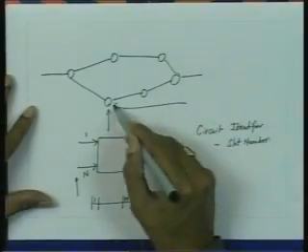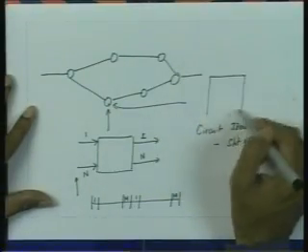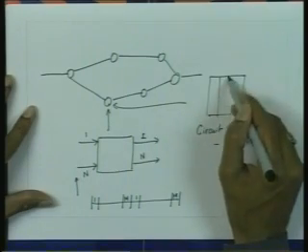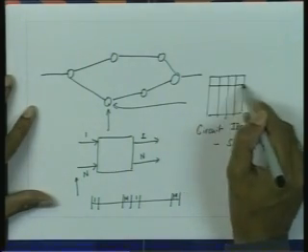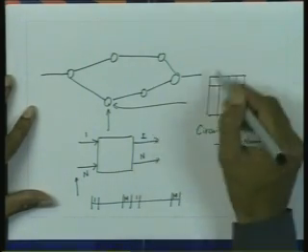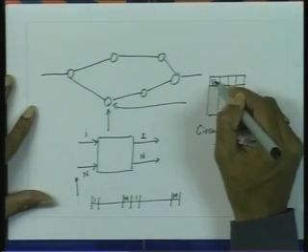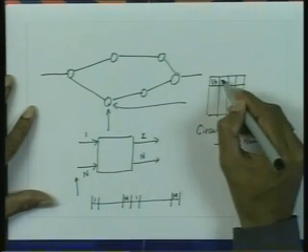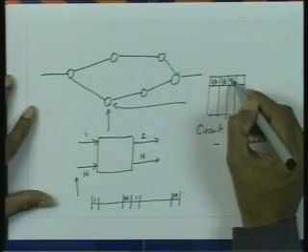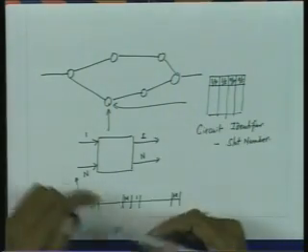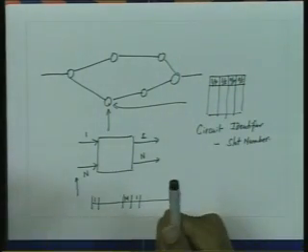Now at the node, as you have seen, there is a signaling table, and that signaling table will tell you what is the input port. This may be an entry of what is the input port, what is the input slot, what is the output port, and what is the output slot, and thus the bits can be switched from one input port to one output port. So in circuit switching, a circuit identifier is essentially a slot number.